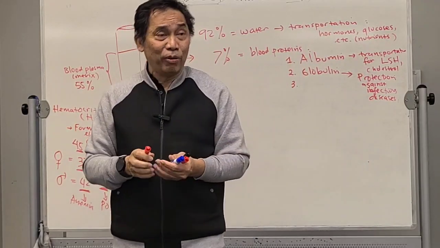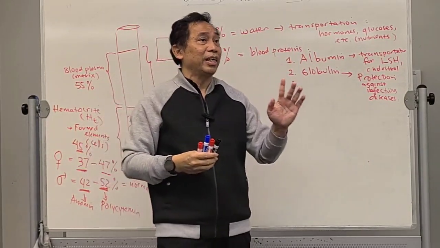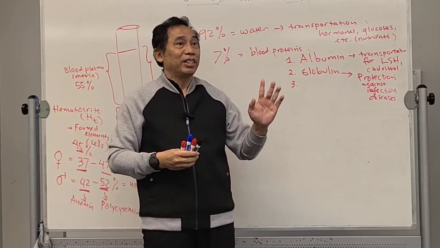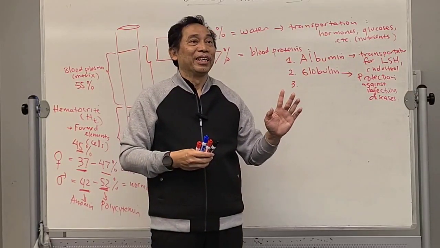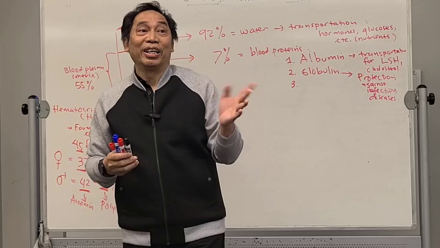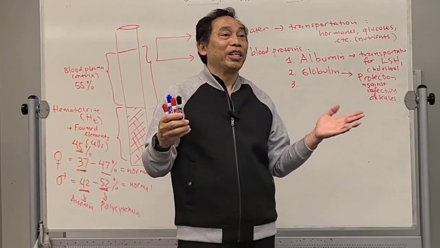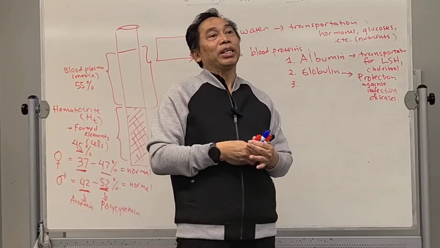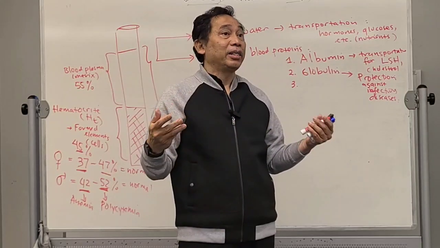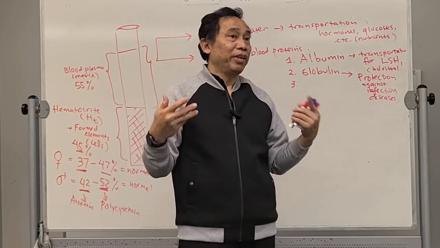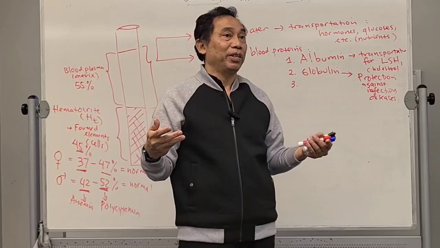Anybody can tell me what is the difference between infectious disease and non-infectious disease? Daniel, what is infectious disease? What is non-infectious disease? Now, if I give you an example, flu and heart disease, which one is infectious disease, which one is not infectious disease?